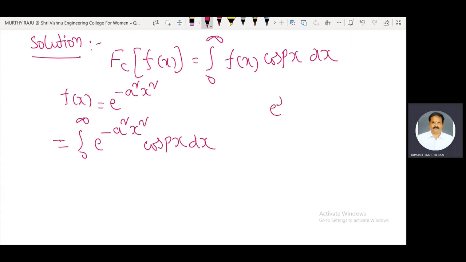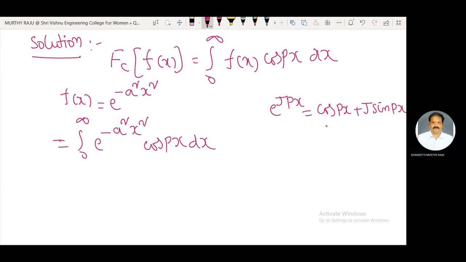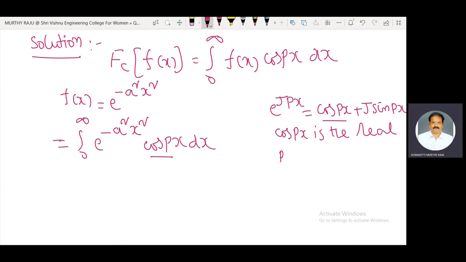Euler's identity is e power j px is equal to cos px plus j sin px. In this integration, cos px is there. Here cos px is the real part of e power j px.